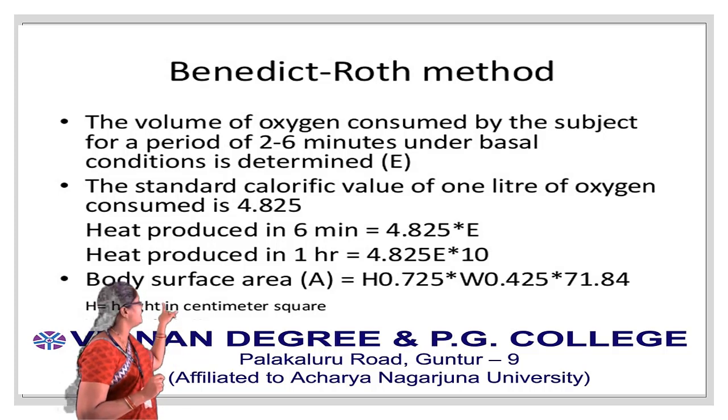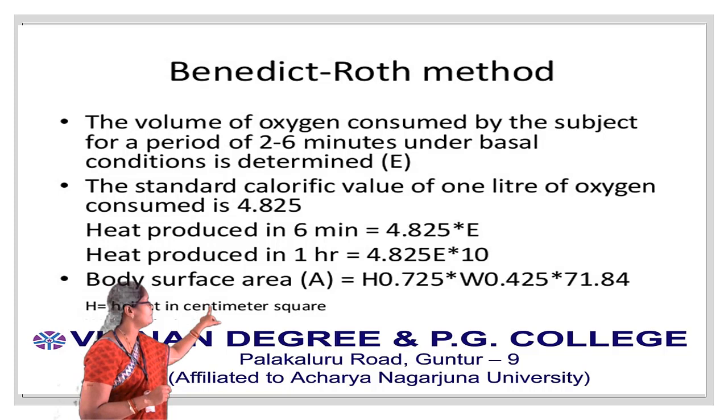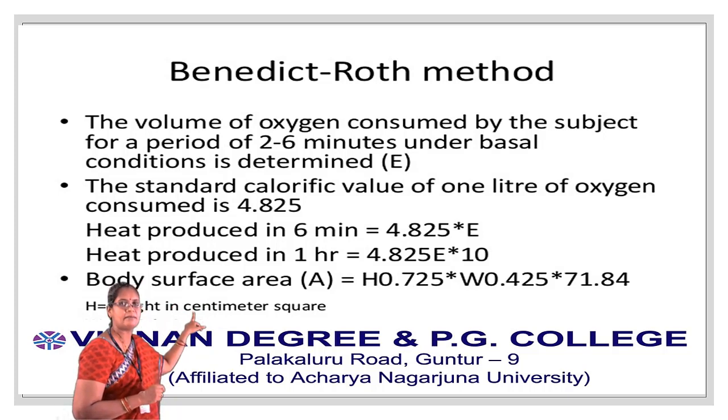Then, the body surface area, which is represented by capital A, is given by a formula: A equals H to the power 0.725 into W to the power 0.425, where H is the height in centimeters and W is the subject's weight in kg.